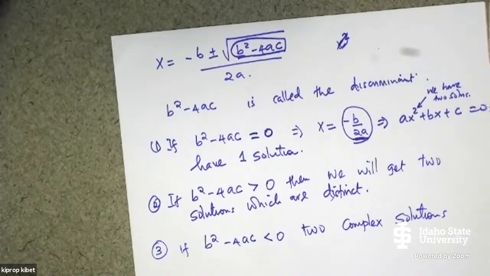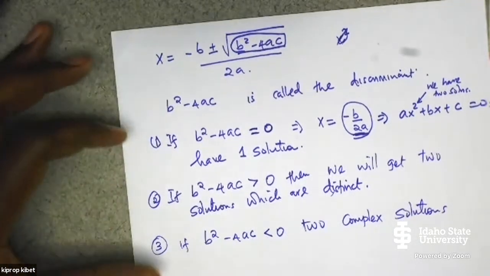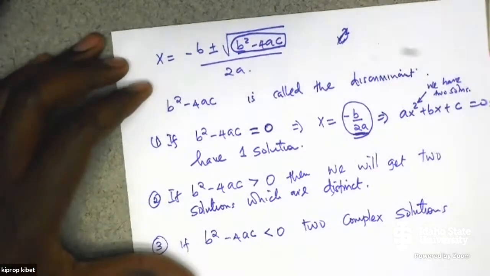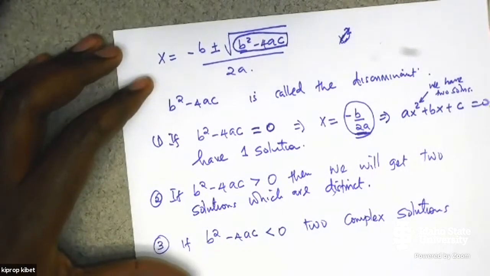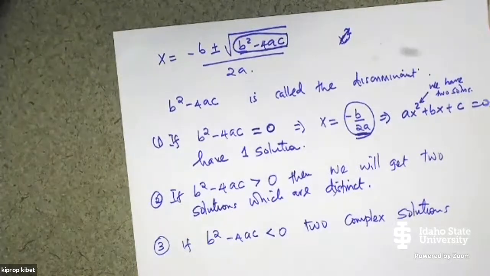Any question after that? So you can use this to determine the kind of solutions you are going to get from the quadratic equation. If b squared minus 4ac is equal to 0, we have only one solution.